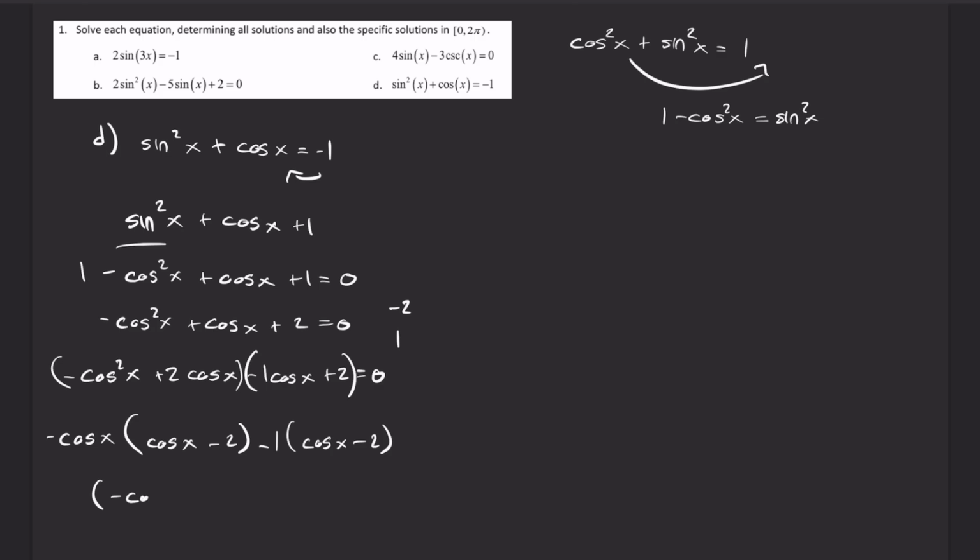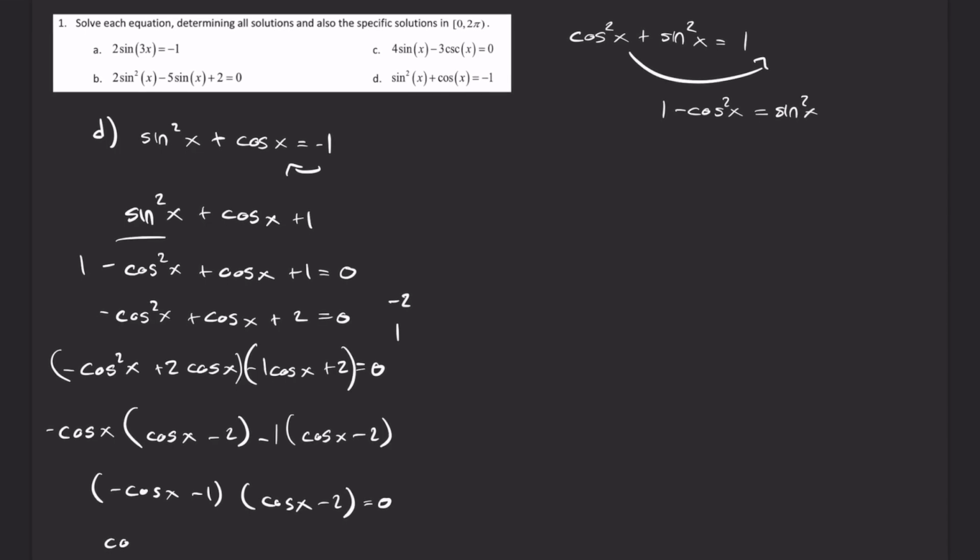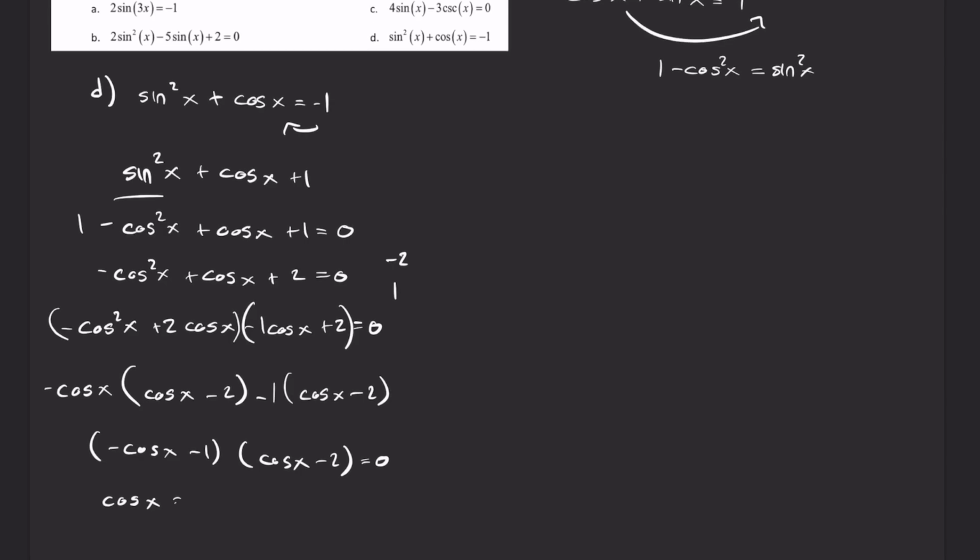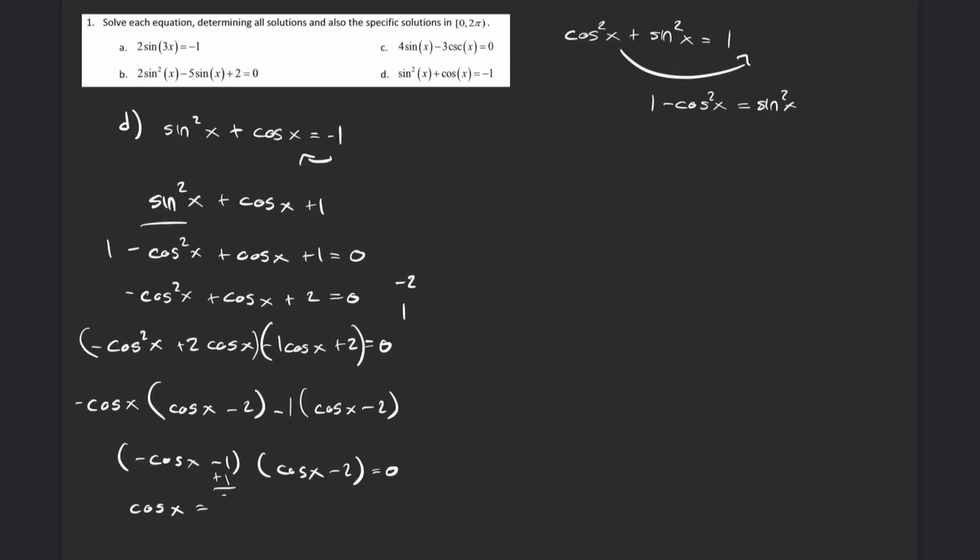Now if we rearrange this, cosine x minus 1, and then cosine x minus 2. And we solve for x, we'll have that cosine x equals, add 1, divide by negative 1, we'll have negative 1 here, and then here we'll simply have cosine x is equal to 2.